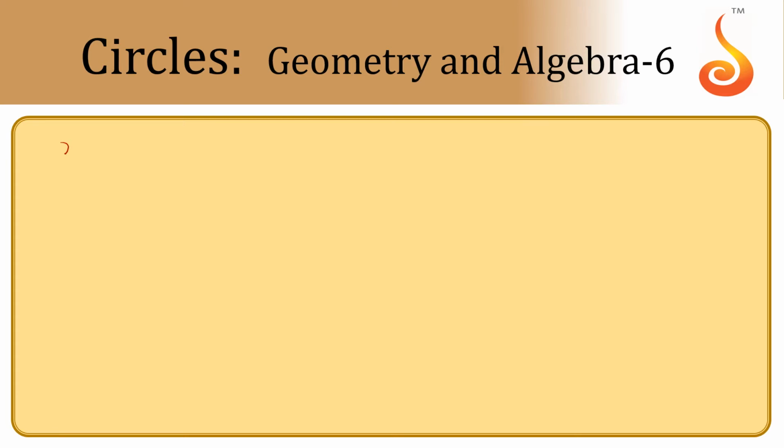to a circle whose center is x1 y1 and radius r, by the concept of shifting of origin. So if the origin is shifted to the point x1 y1, this circle x minus x1 whole square plus y minus y1 whole square equals r square becomes a standard circle.